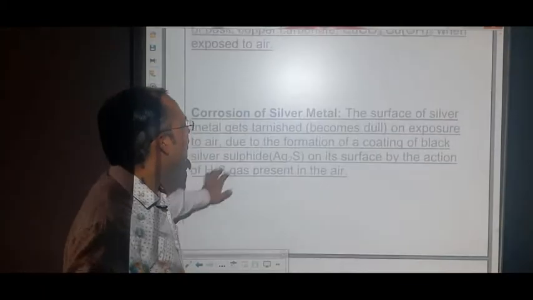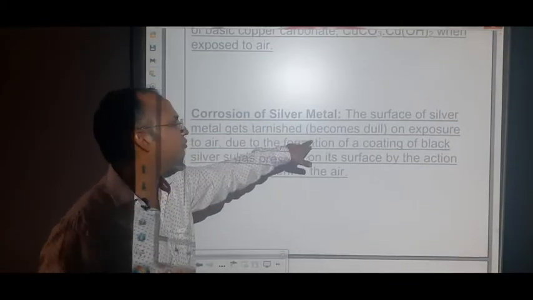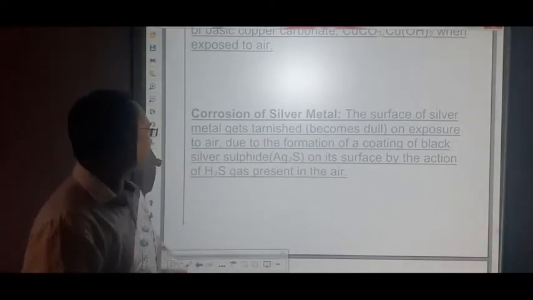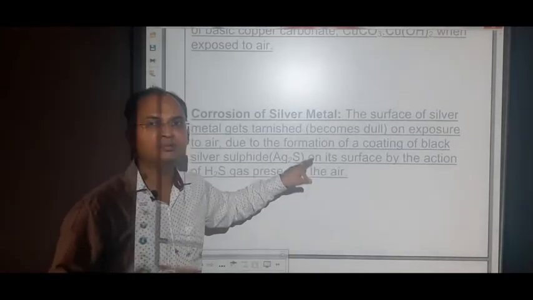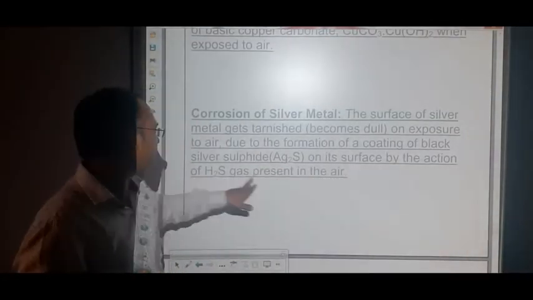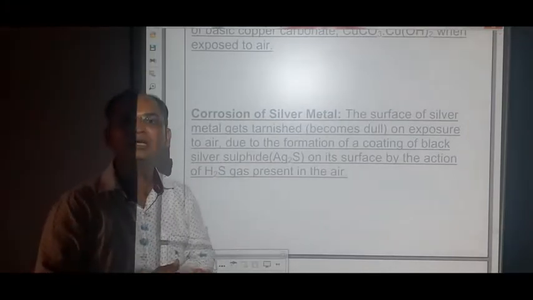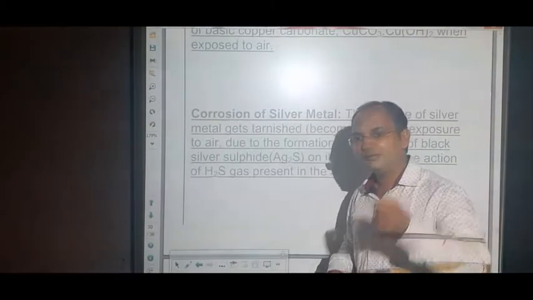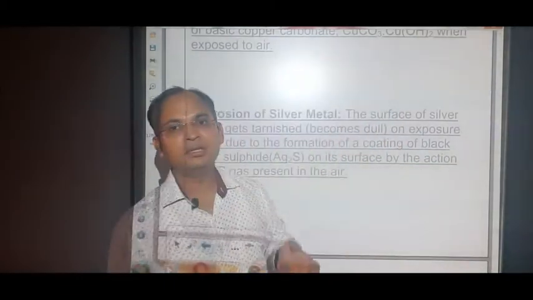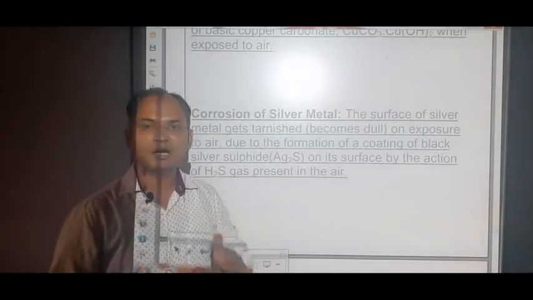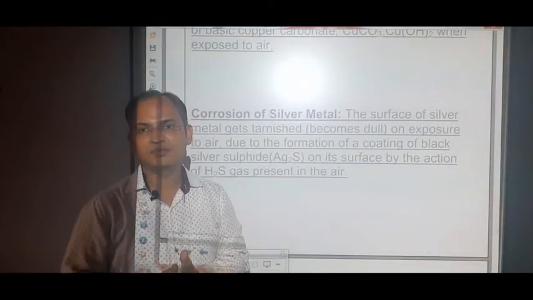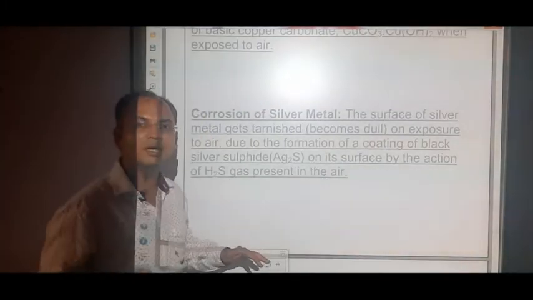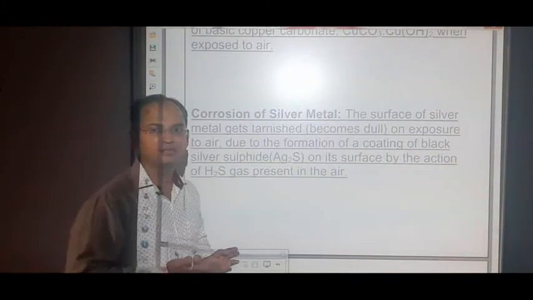See here, the surface of the silver metal gets tarnished and becomes dull on exposure to air due to the formation of a coating of black silver sulfide, that is Ag2S, on its surface by the action of H2S gas present in air. H2S, that is hydrogen sulfide gas, is present in a very minute amount in air. It slowly reacts with the upper surface of the silver and forms silver sulfide, Ag2S, which is not as lustrous as pure silver metal.